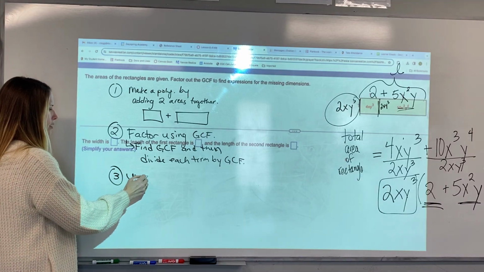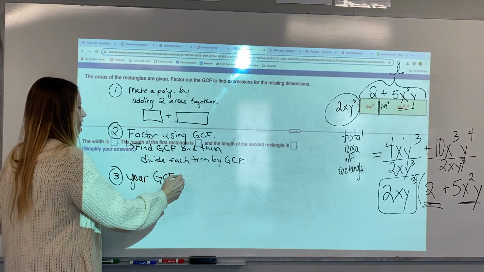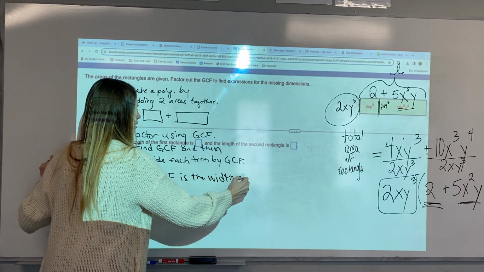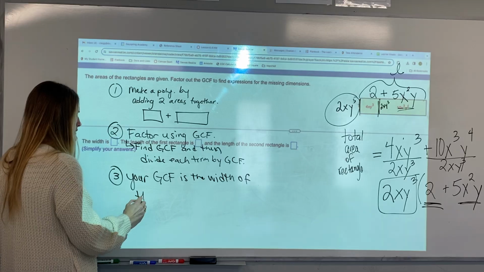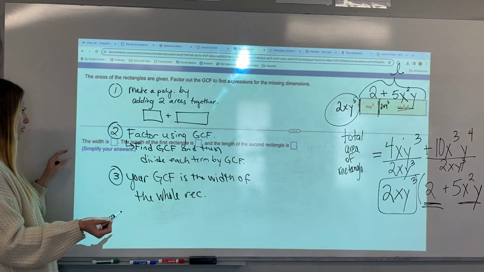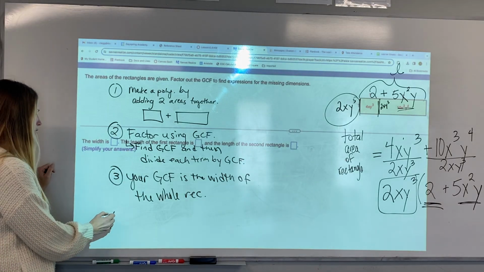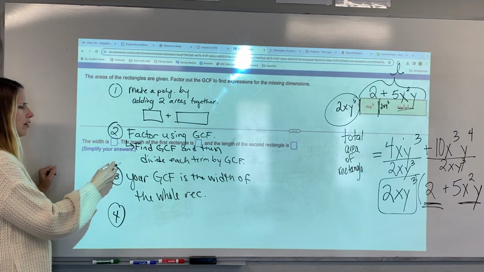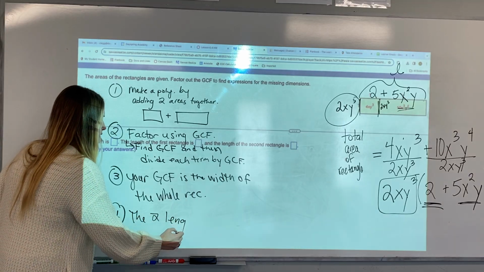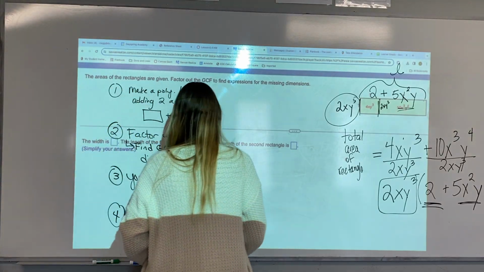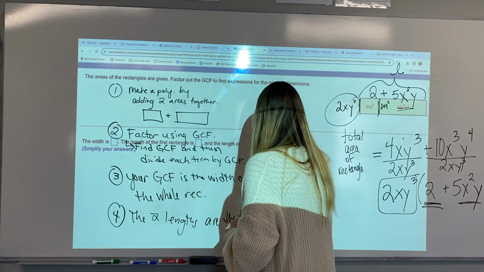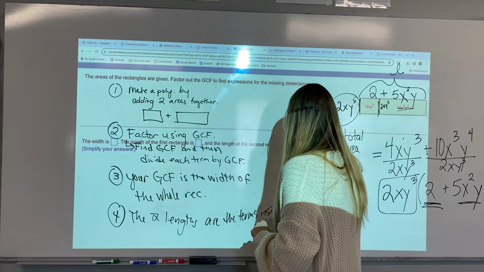Your GCF is the width of the whole rectangle and then the 2 lengths are the terms inside parentheses.